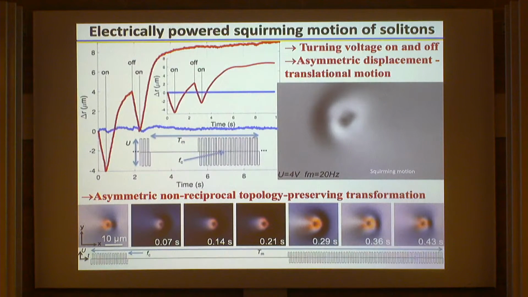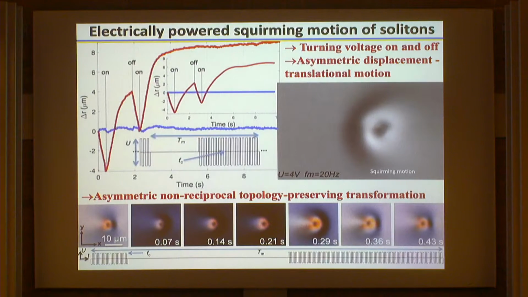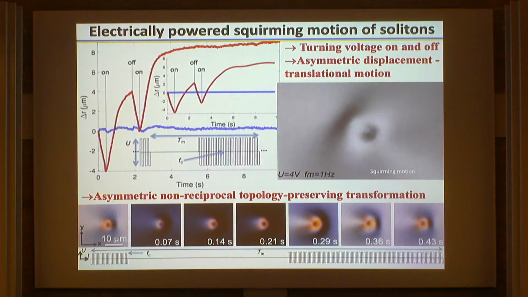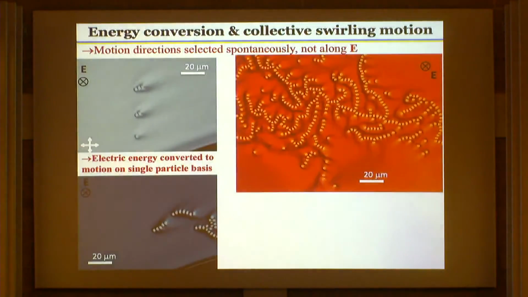Very similar to the case of liquid crystal displays, where the turn-on and turn-off times are typically different for this very same reason. But because here we have a two-dimensional spatially localized structure, as we apply voltage and turn it off, it evolves in an asymmetric way that results in a translation of such a structure.